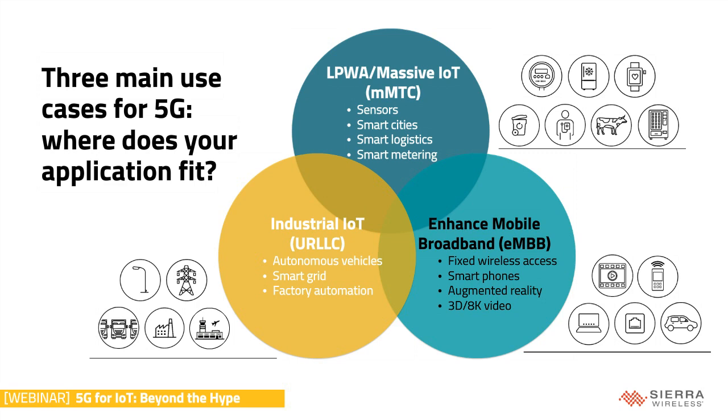So looking at these one by one, first off, there's mMTC, or Massive IoT, which is really a progression on the number of low-cost applications that are being addressed today with LPWA. So this is things like sensors, metering, smart cities, and so forth.